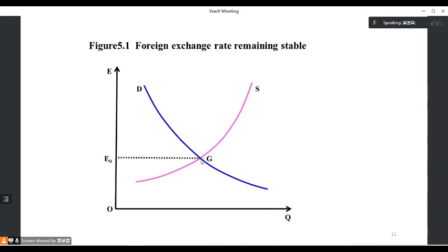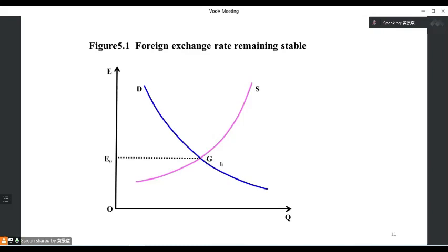we can see the two lines cross at the point G, and at the point G we can find the foreign currency demand is equal to foreign currency supply.